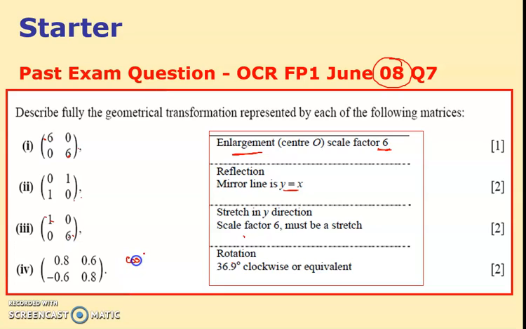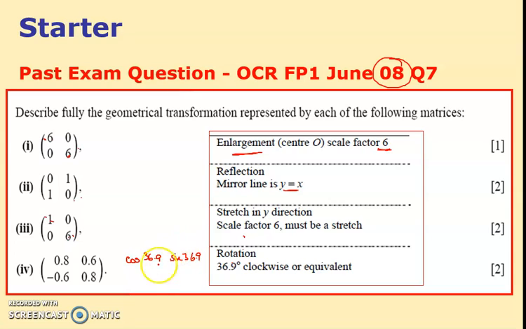Notice if I do cos of 36.9 and sine of 36.9, I think that would work. So I'm just going to do it on my calculator now. Make sure you're in degrees. So I'm just checking my calculator. No, mine wasn't, so good job I checked. But I'm just going to now do cos of 36.9 degrees. And give or take a bit, it's 0.8.